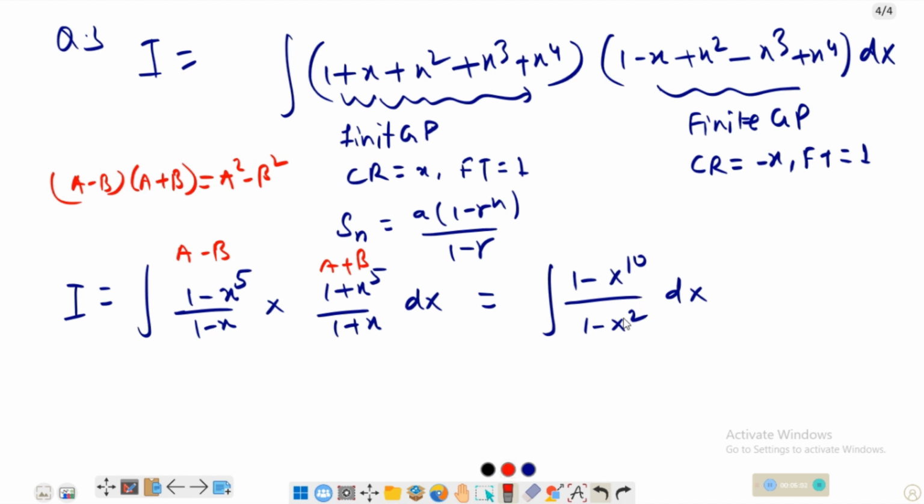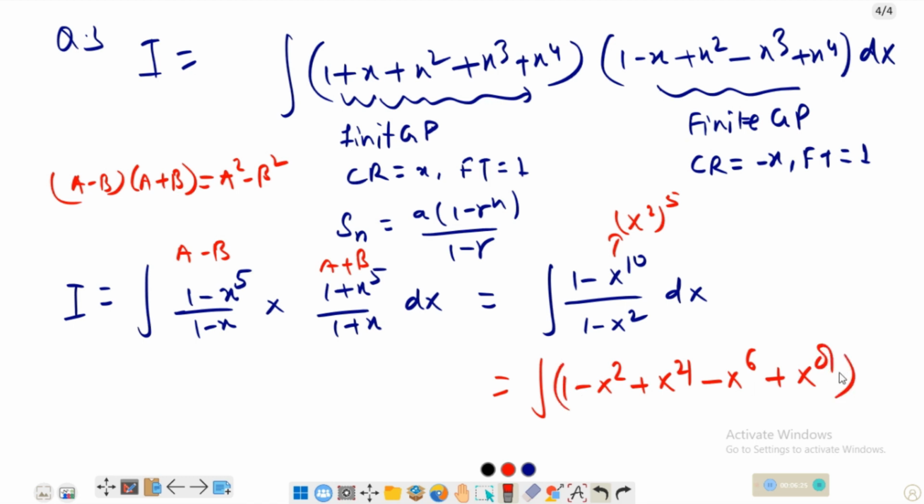So x square to the power 5 is x to the power 10, and there are 5 terms, so this is equal to 1 minus x square plus x to the power 4 minus x to the power 6 plus x to the power 8 dx, because there are five terms.